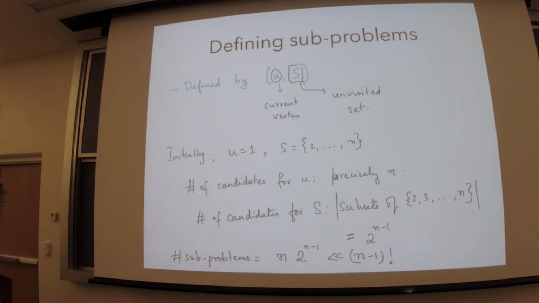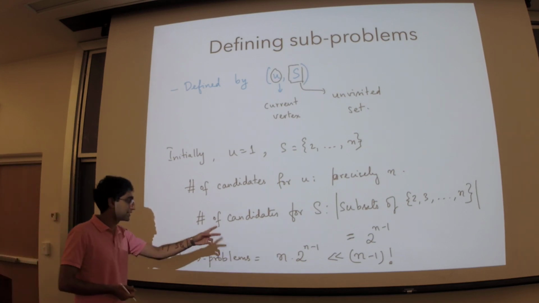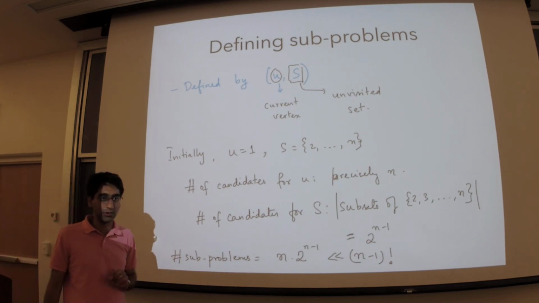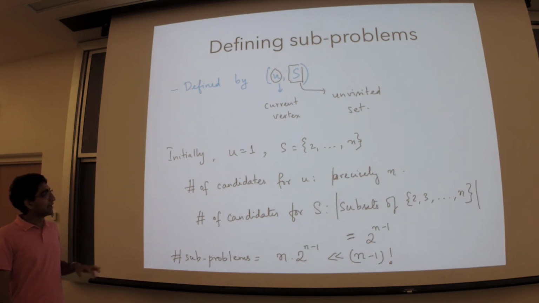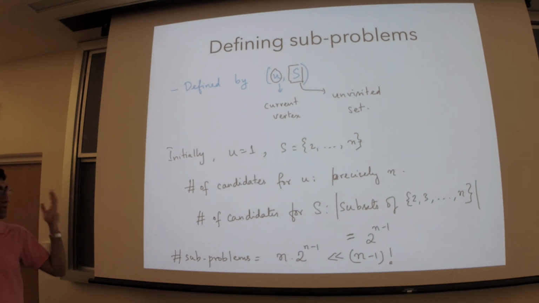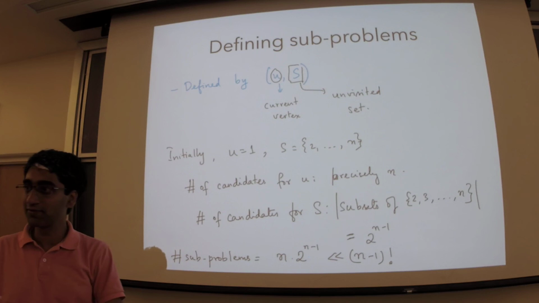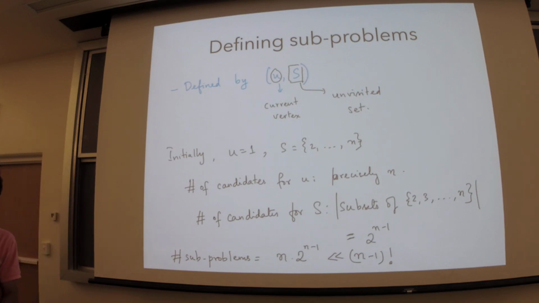You can see the number of distinct subproblems is only that, and so you can store answers to all these subproblems. But if somebody tries to implement this, it will be a bit of a mess because you have to store all the subsets and you have to have a nice data structure to store them. But you can do this in principle.